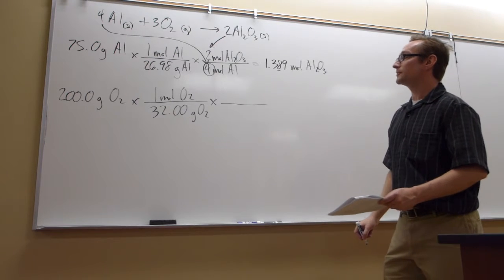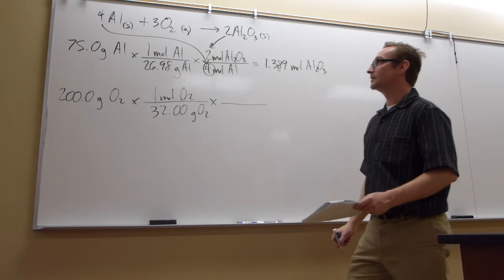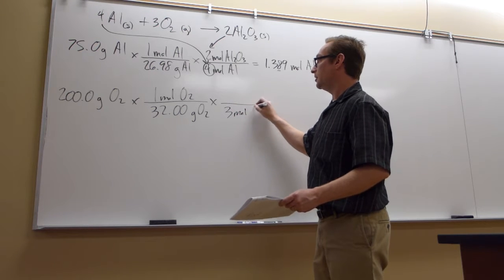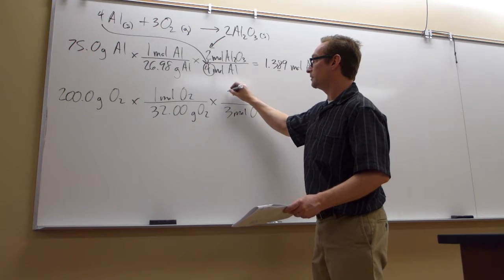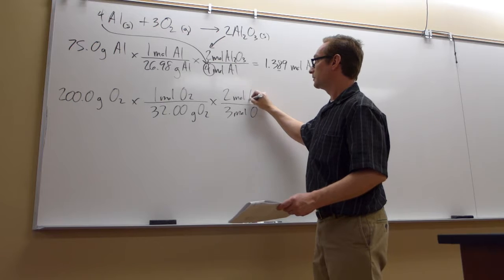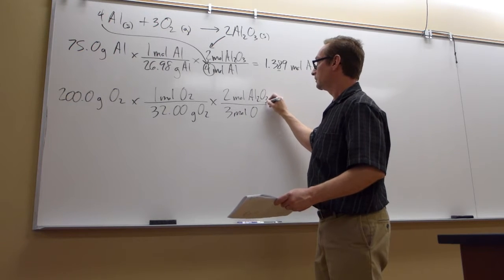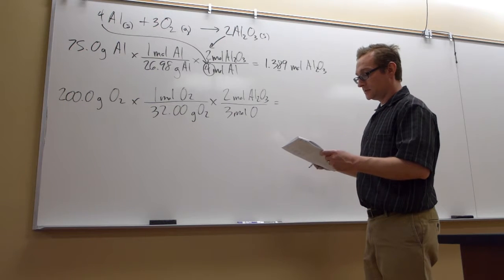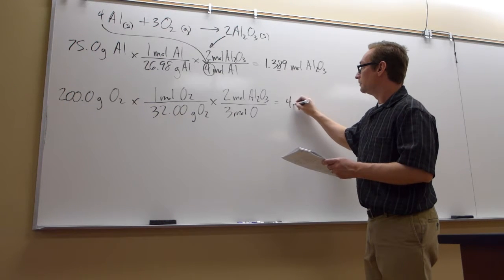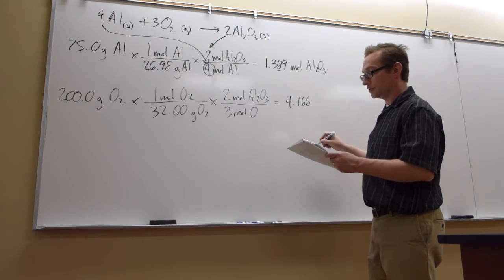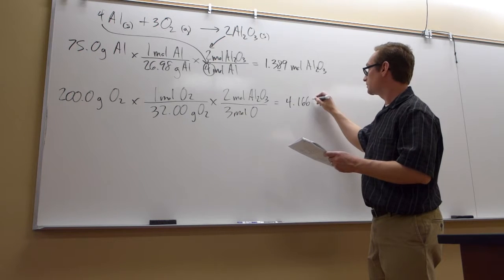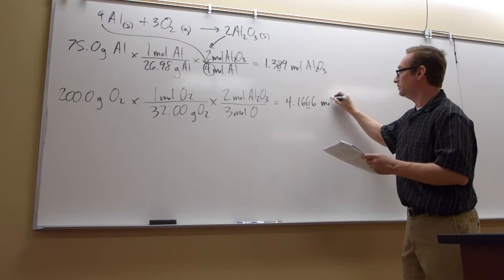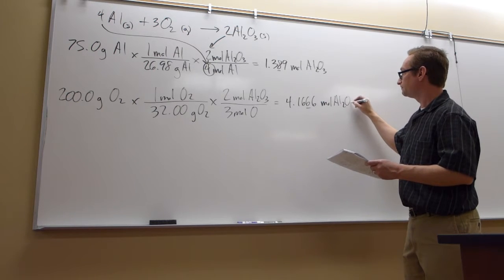What mole ratio do I use for that? 3 moles of oxygen gives me 2 moles of aluminum oxide. So it should give me 4.1666 moles of aluminum oxide.